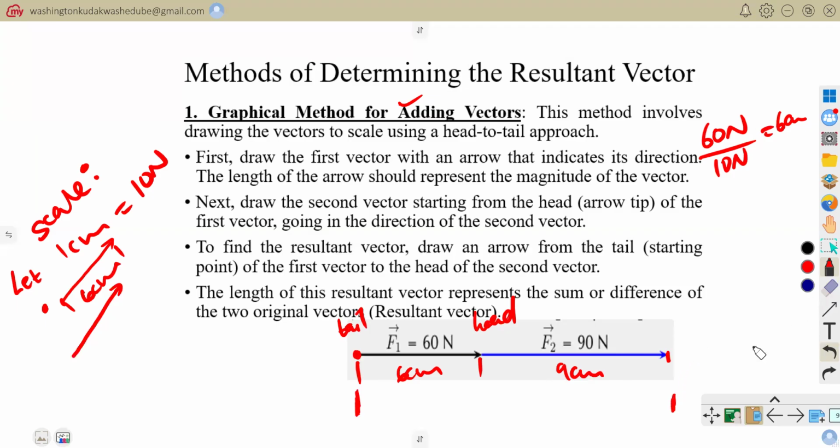Now I start here and draw my arrow to the head of the second vector. That becomes my total length.